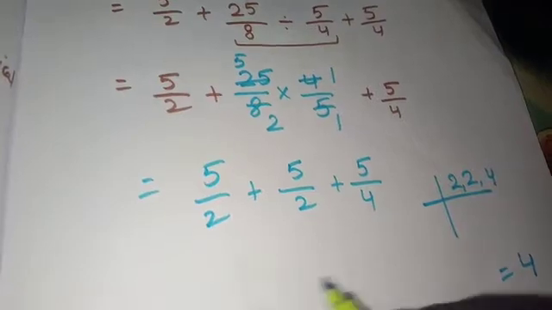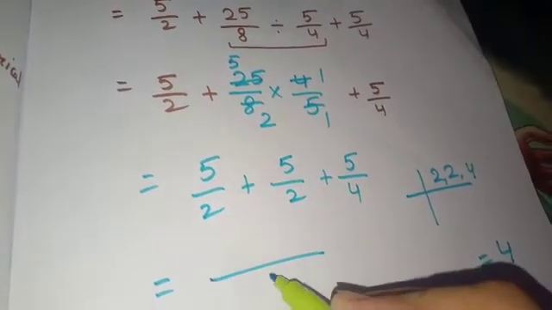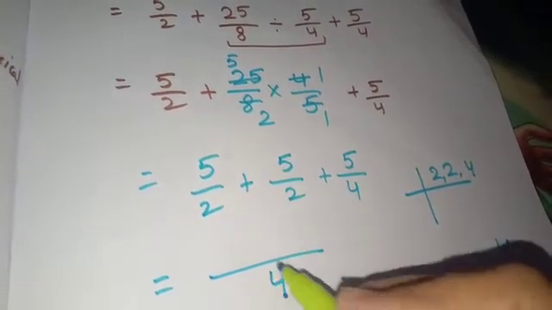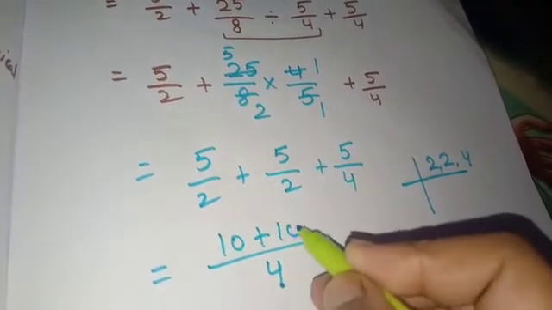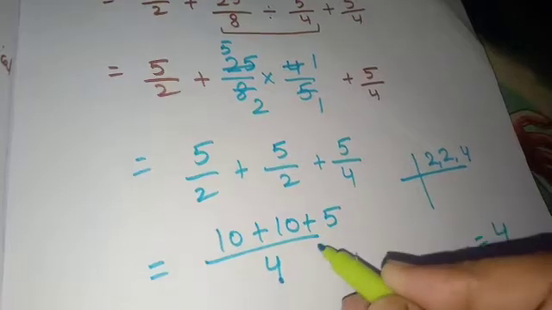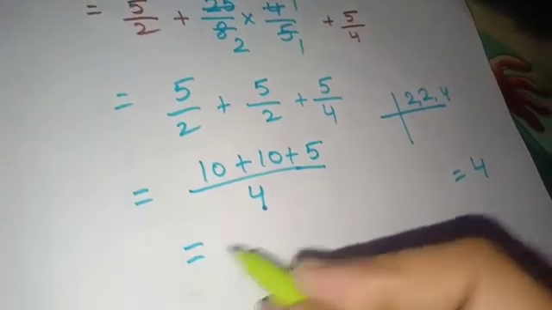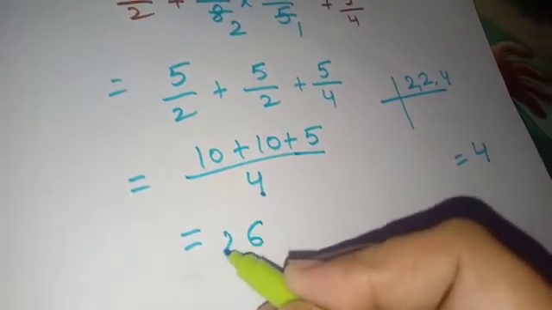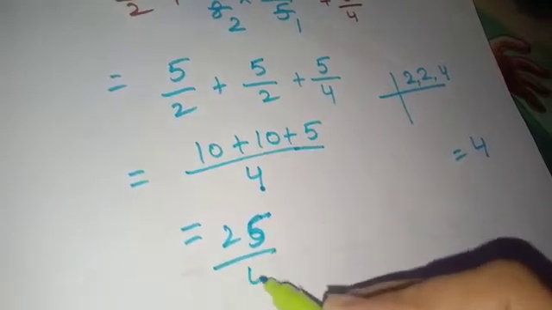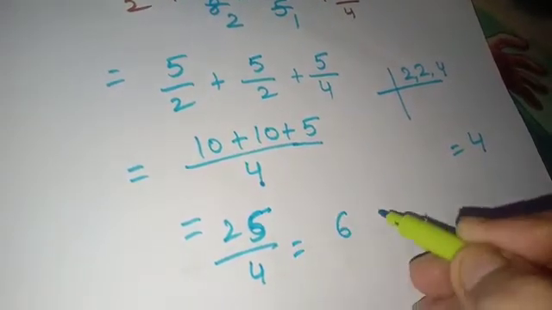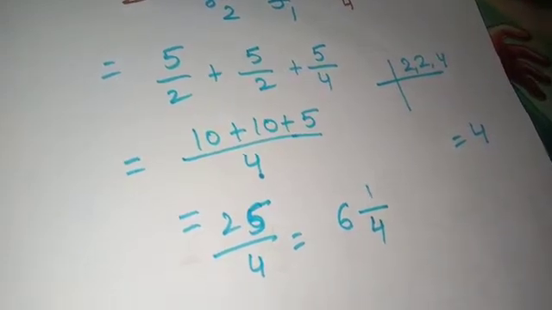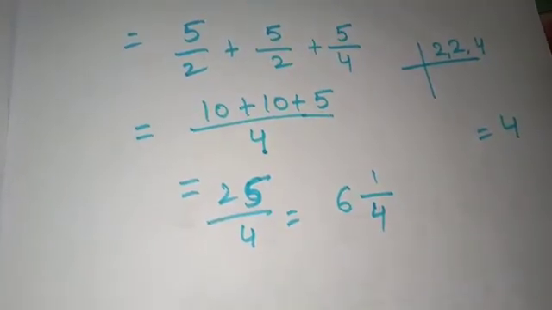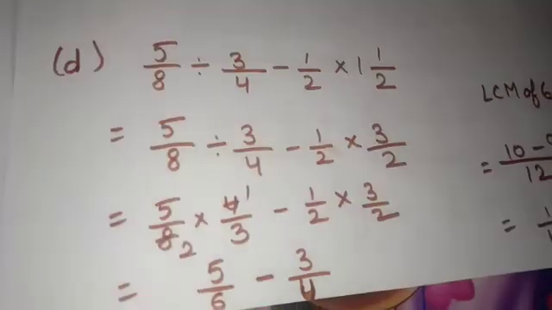You will find on your own. 4 will be the common denominator. Then 4 divides 2, it's 2. 2 5s are 10. In the same way, 10 will come here and 5 will come here. And when we add all these things, this will be 25 by 4. As an improper fraction will be converted to mixed, the answer will be 6 1 by 4 is the final answer.